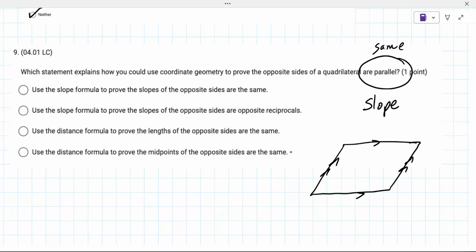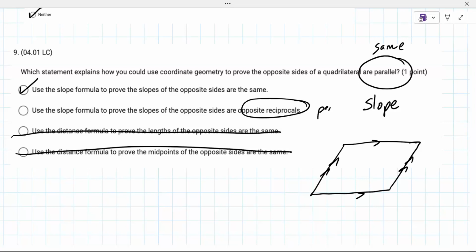Slopes have to be the same. Oh, so it'd be number one. Opposite reciprocal means perpendicular, so it means like a right angle, a 90-degree angle.